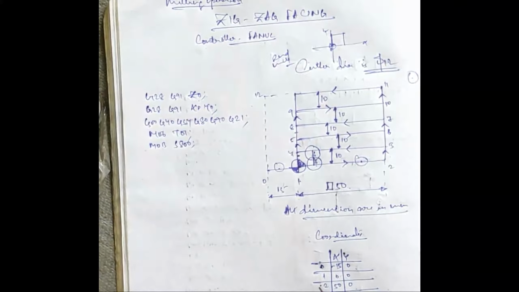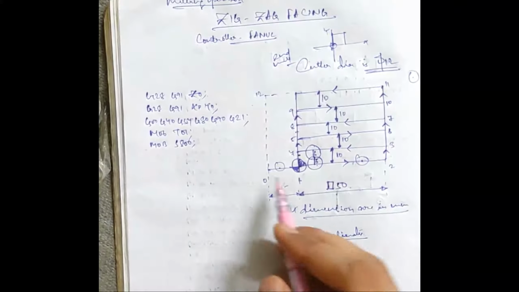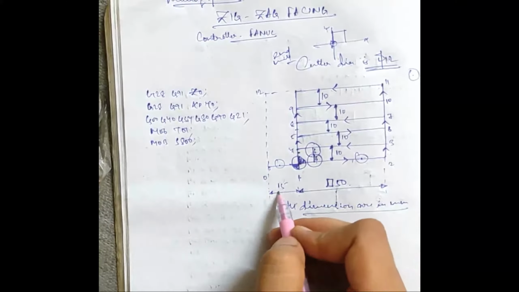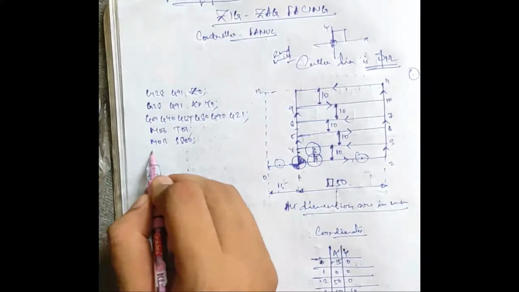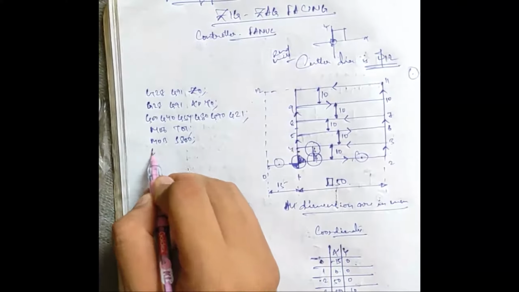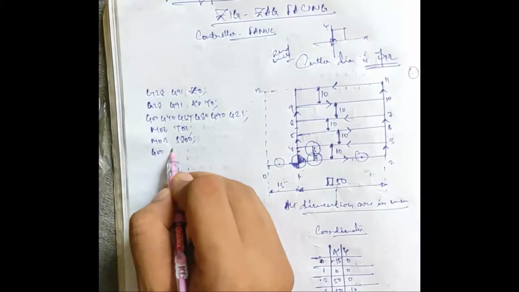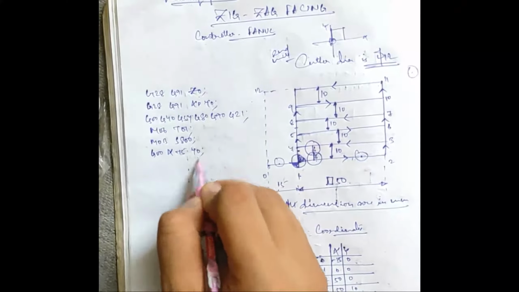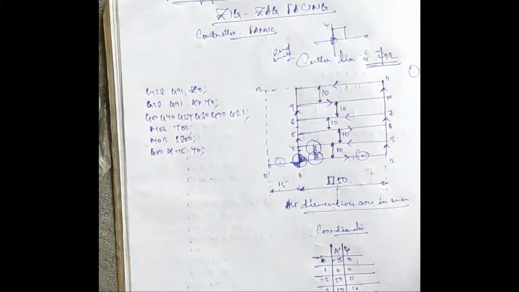Okay, then we are going to write the coordinate of point number 0. So what is the coordinate of point number 0? Which is minus 15 and 0. So it will be like this: G00, X minus 15, Y0. Clear?